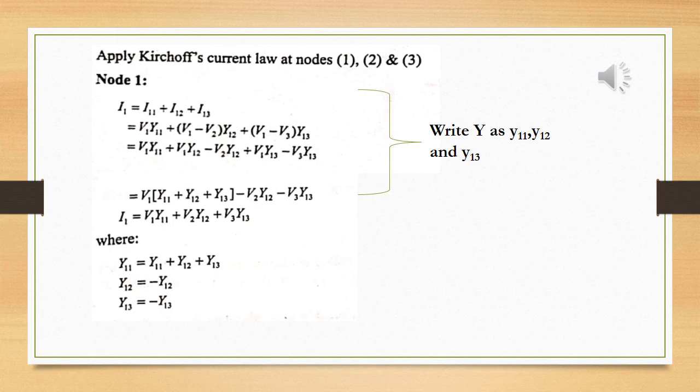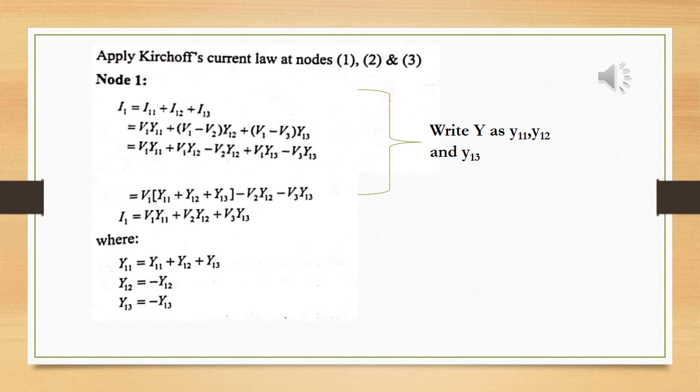I repeat, please take the main equation, that is I1 is equal to I11 plus I12 plus I13, and in those equations these are small letter y11, y12 and y13.